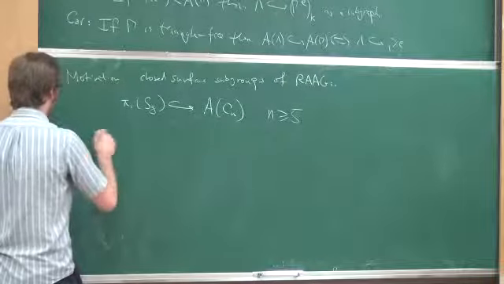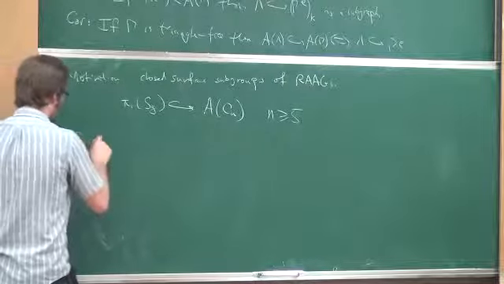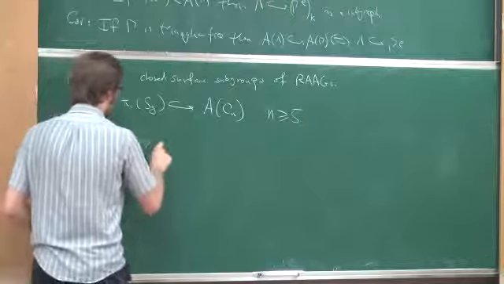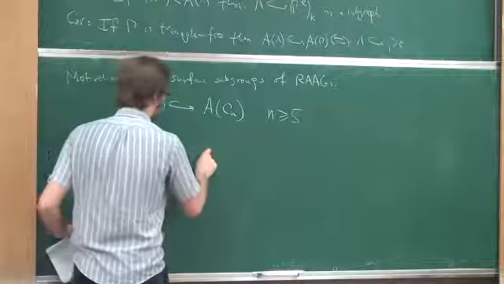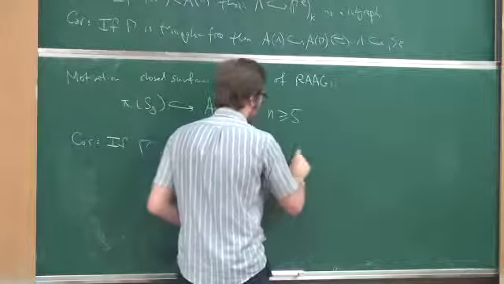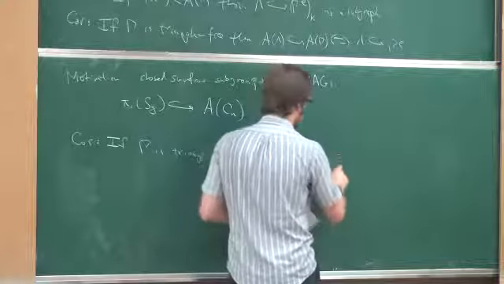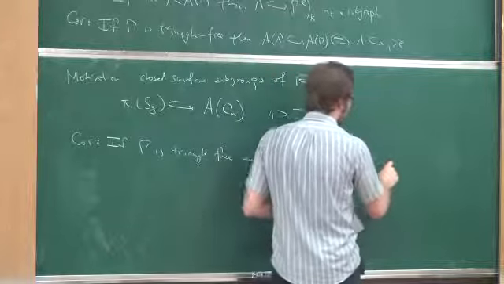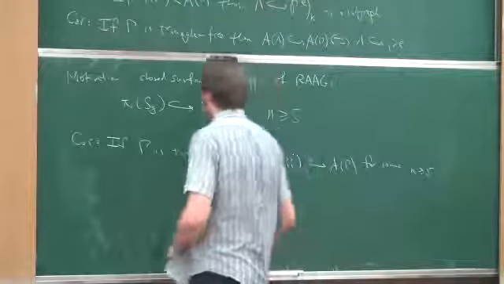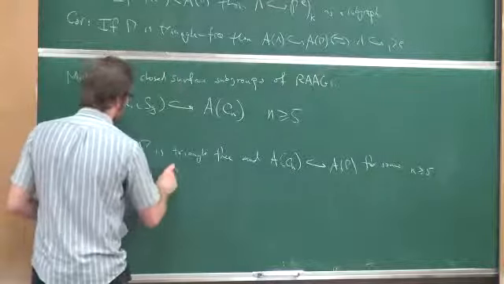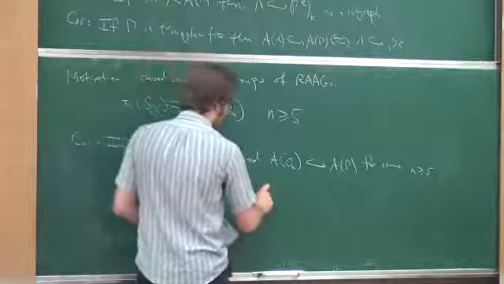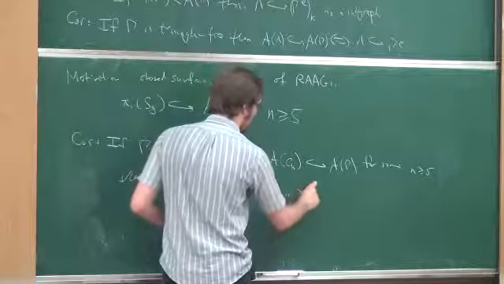And so what one can then show is that if gamma is triangle free and A of Cn embeds inside of A of gamma for some n greater than or equal to 5, then we have some Cm sitting inside of gamma for some m greater than or equal to 5.